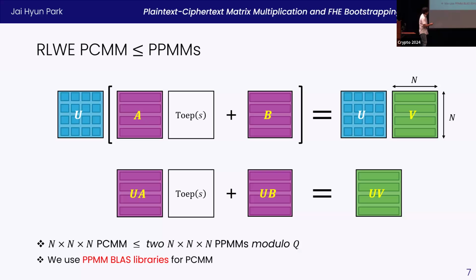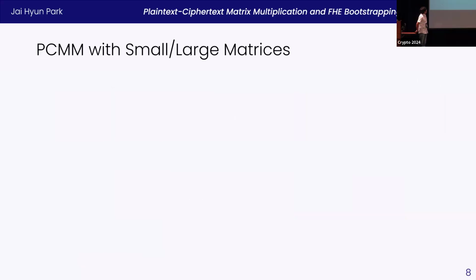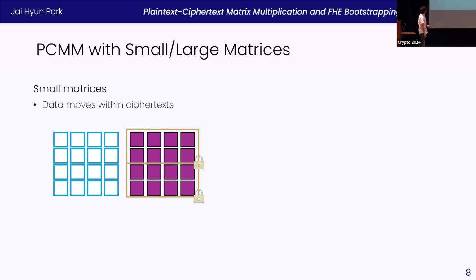Okay, so this is good. But the limitation here is that the matrix size is restricted, so they must be really large matrices. So what happens if the matrices are small or large? For small matrices, at first glance, it is unclear how to reduce it to PPMMs, because it requires some rotations and some data movements across slots within a ciphertext.